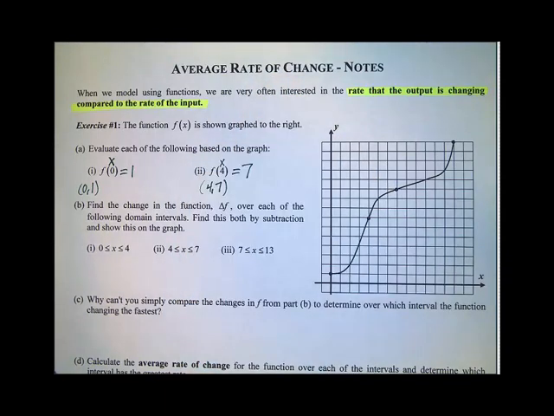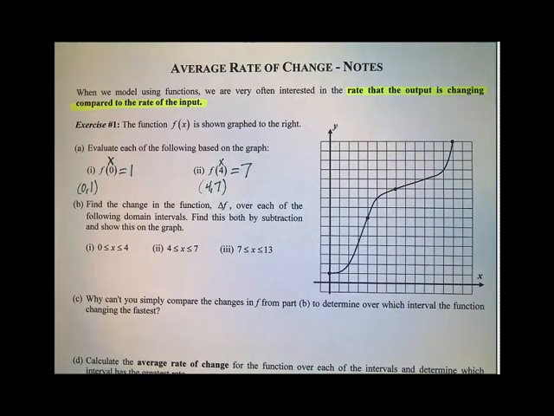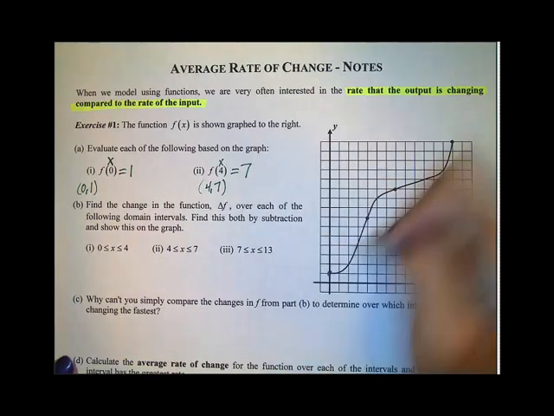So part B, find the change in the function, delta f, so that means change in f, over each of the following domain intervals. Find this both by subtraction and show on the graph. The first one says 0 to 4. So here's 0, here's 4.